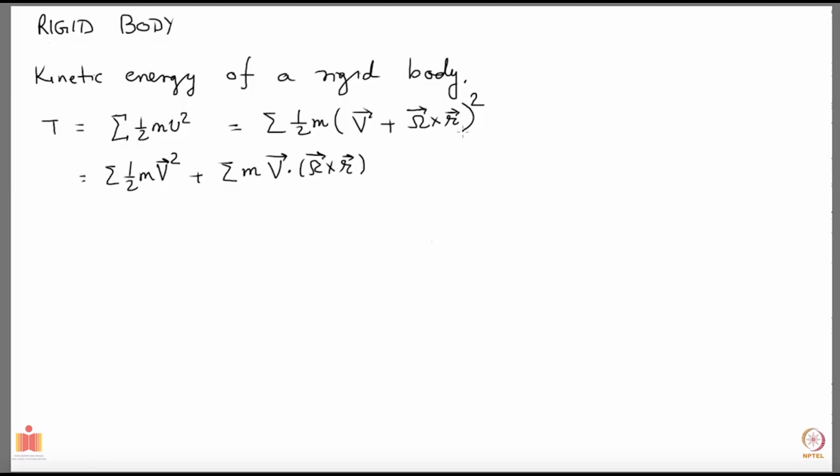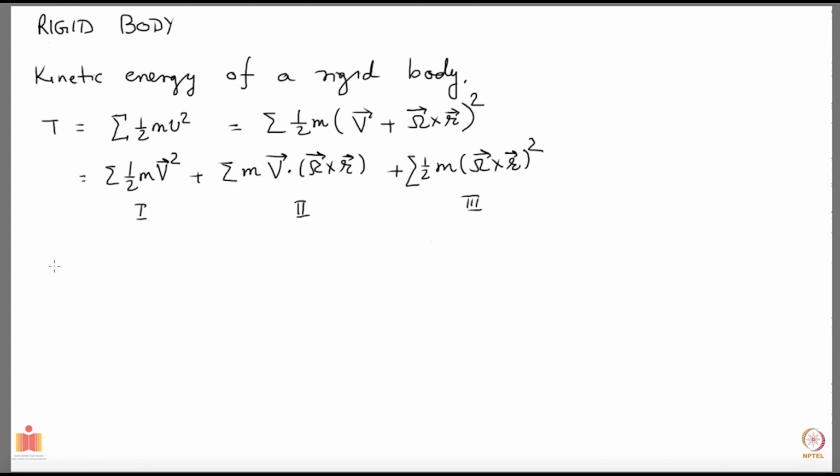And then you get the third piece, which is just the square of this. So you get plus half m (omega cross r) square. So I've got three terms, 1, 2 and 3.